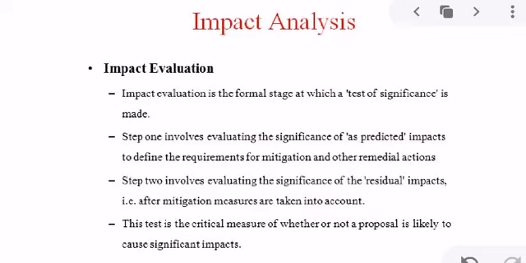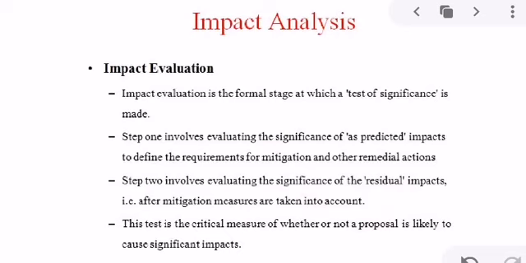Let's go to impact evaluation. Once the impacts have been analyzed, they are evaluated to determine their significance. A systematic process should be followed in evaluating significance, distinguishing between as-predicted and residual impact.